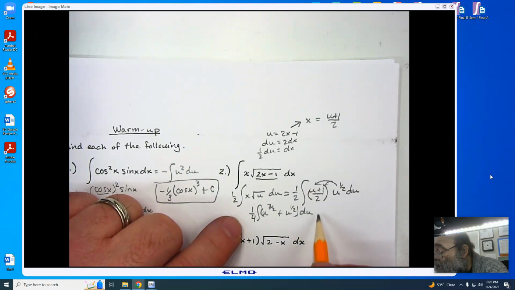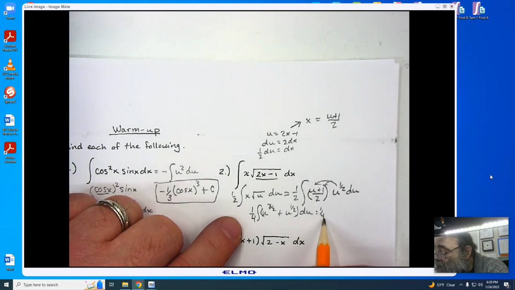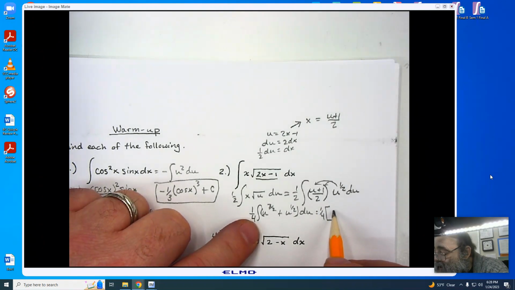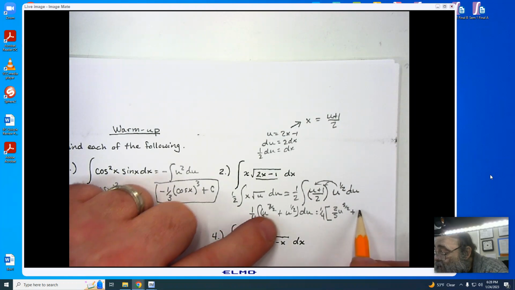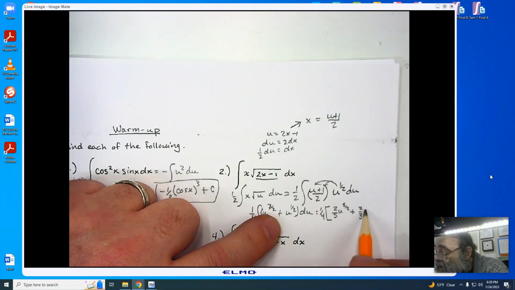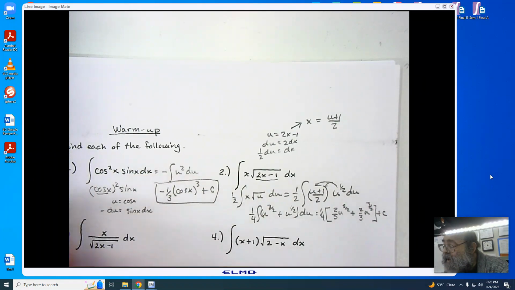This I'm now going to work with. I'm going to have 1/4, and I'm going to have this 2/5 u to the 5/2 plus 2/3 u to the 3/2 plus c. Now don't worry about the 1/4 multiplying by that c, because a constant is always a constant. It doesn't change.